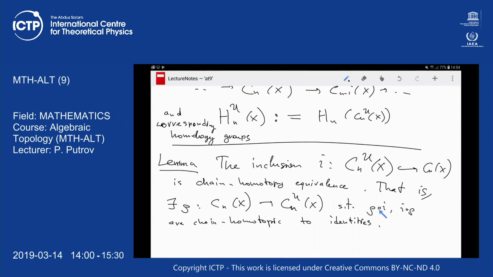This means there exists an inverse of i up to chain homotopy. Chain homotopy is as we defined before, so there should be a certain chain homotopy operator such that the difference between this and identity is equal to d times this operator plus this operator times d.